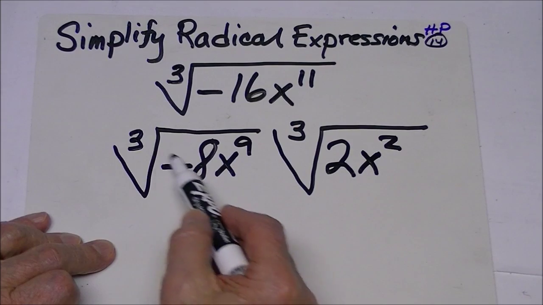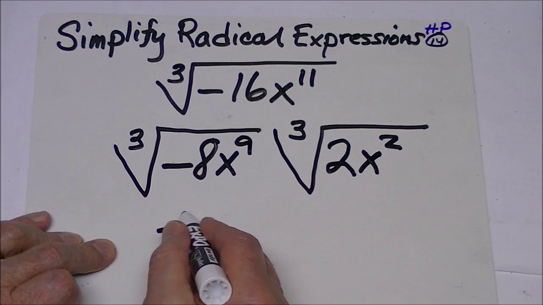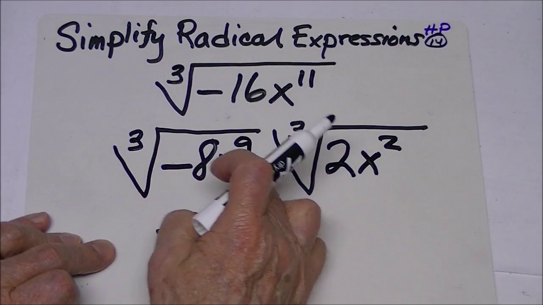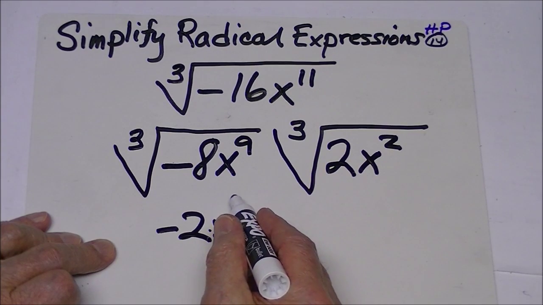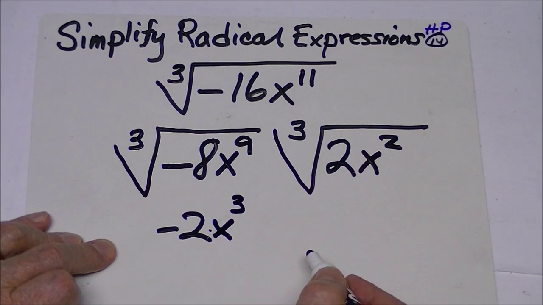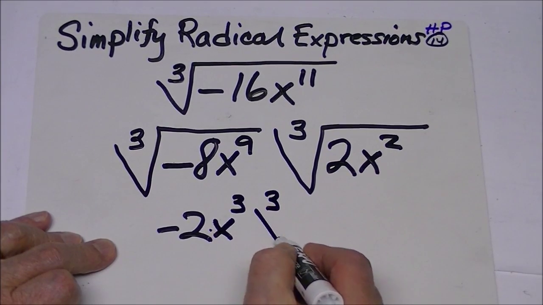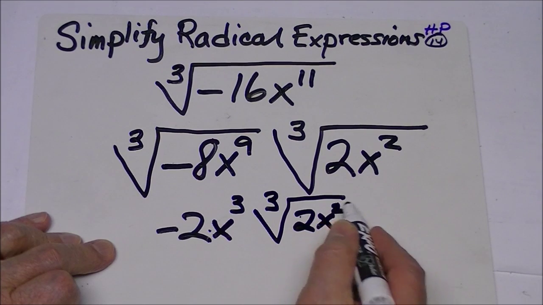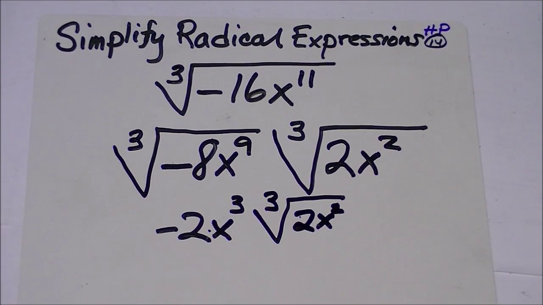So now we take the cube root of this and simplify. This is a negative 2. And keep in mind we're just going to divide the 9 by the index number. And that gives us x to the 3rd. And then this part doesn't change. The third root of 2x squared. And that is the answer.